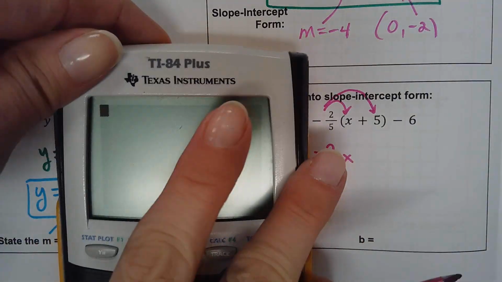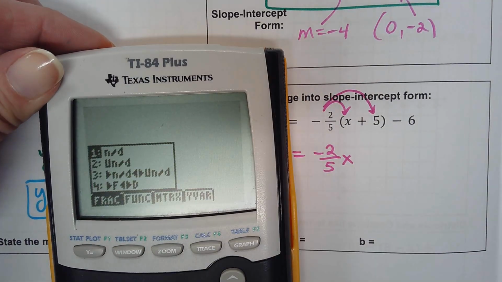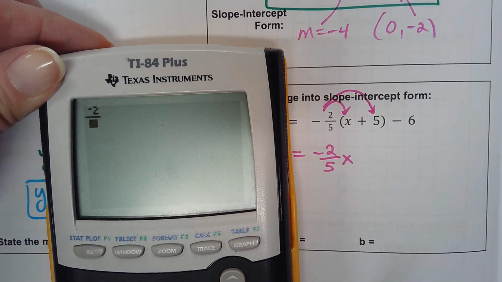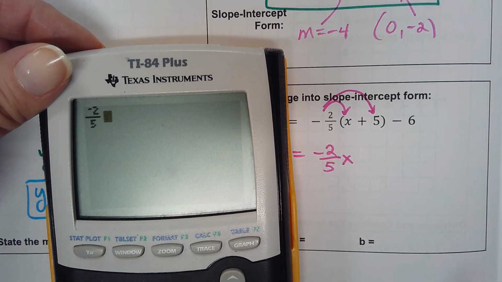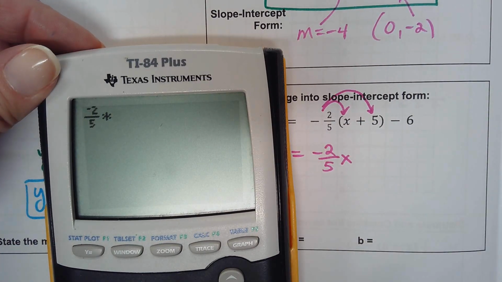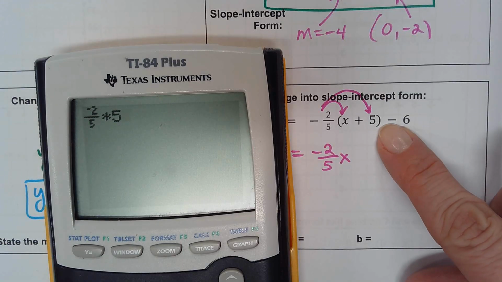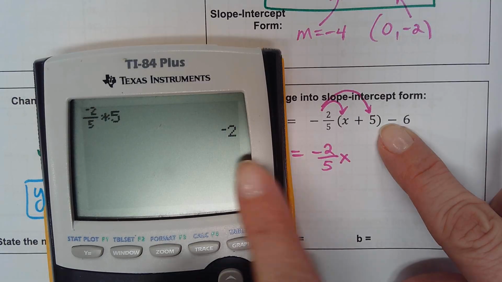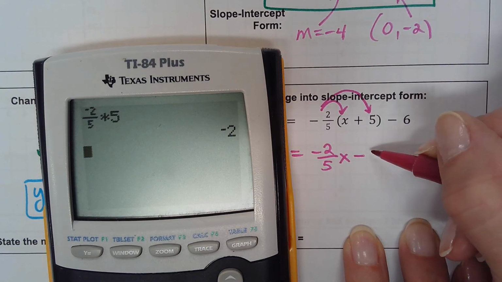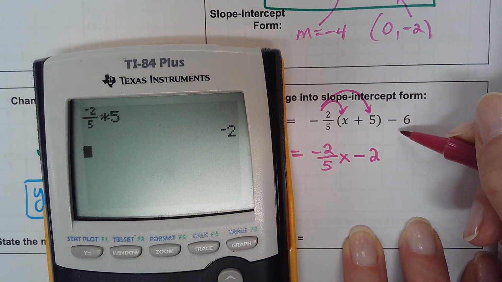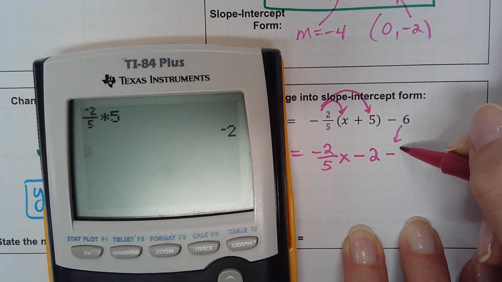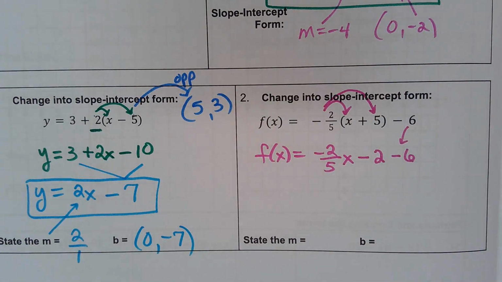Let's use our calculator to get the fraction. Negative 2/5 times 5. What does that make? It makes a negative, so let's write -2. Don't forget to drop down the -6.